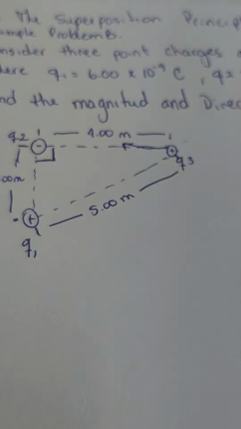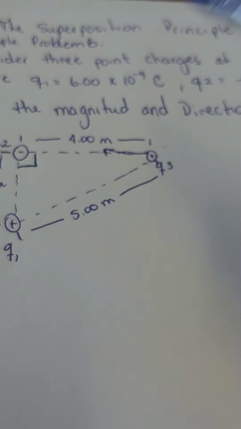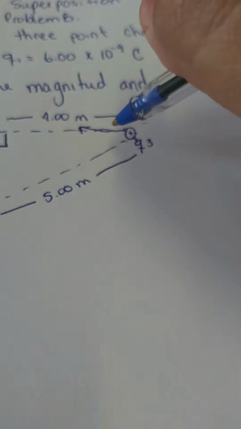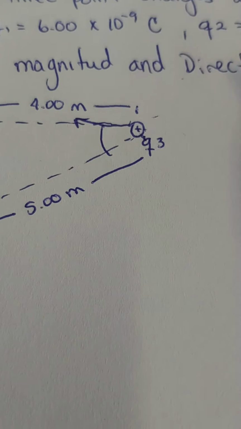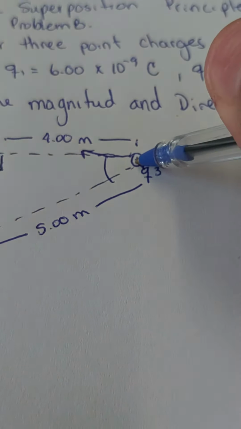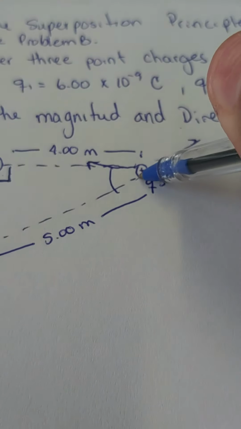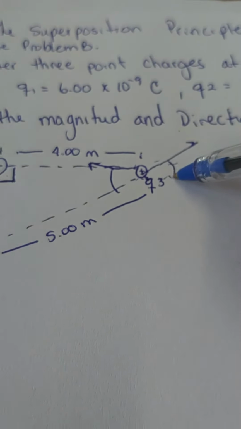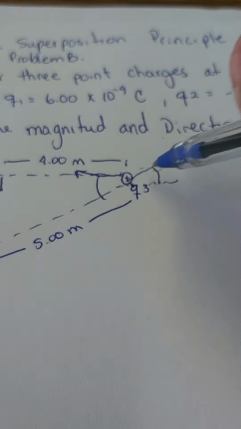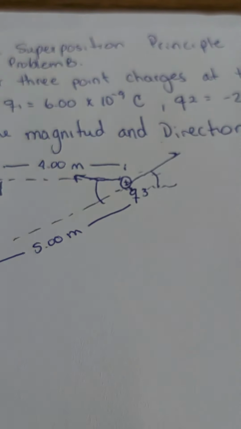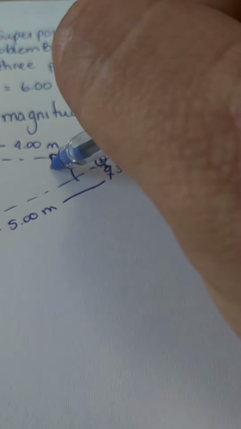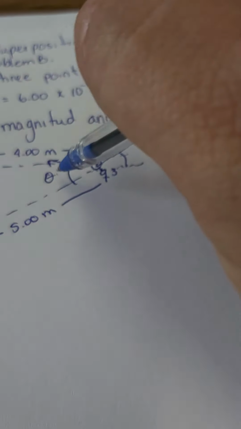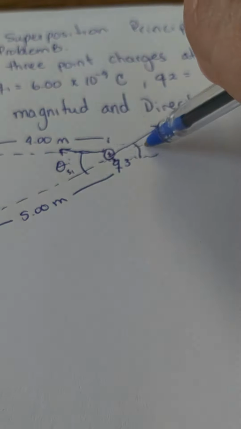Now, charge 3,1. If we draw this, notice that the force was going in this direction, so we need to find this angle. These two angles are vertical angles, so this angle theta 3,1 will be equal to this one.